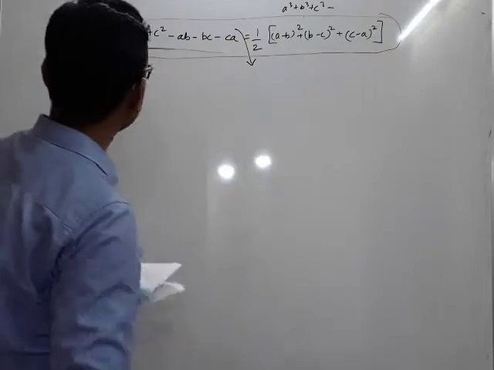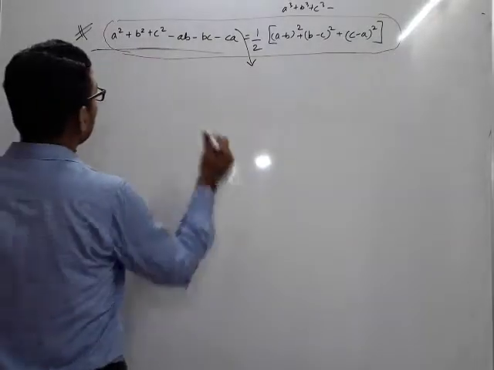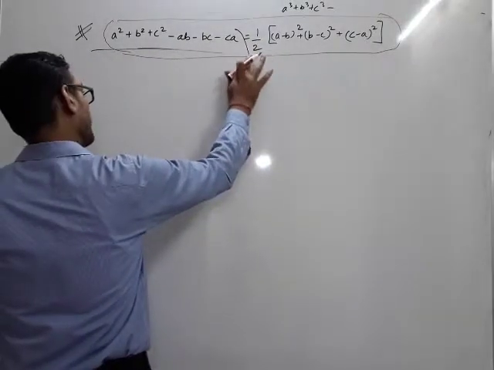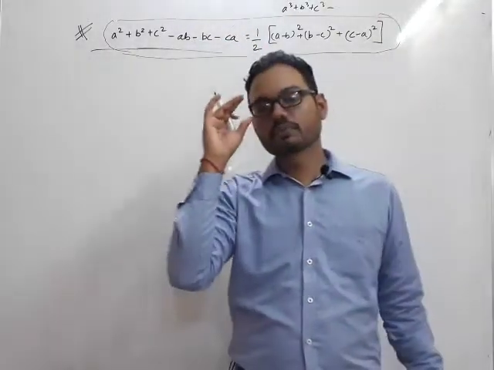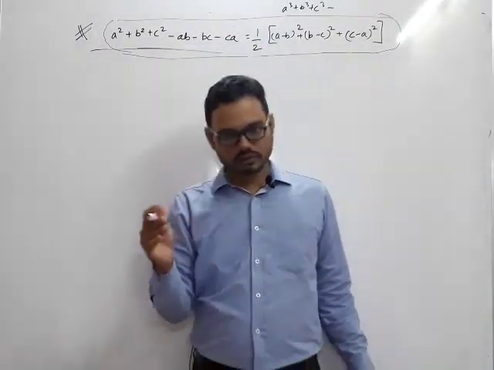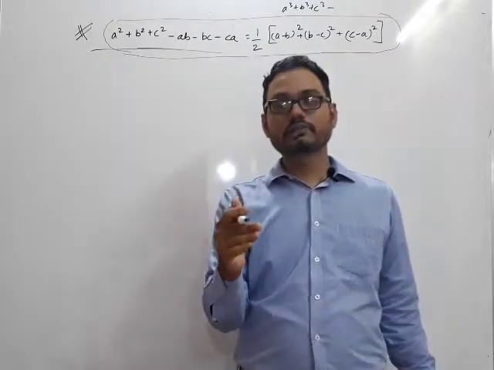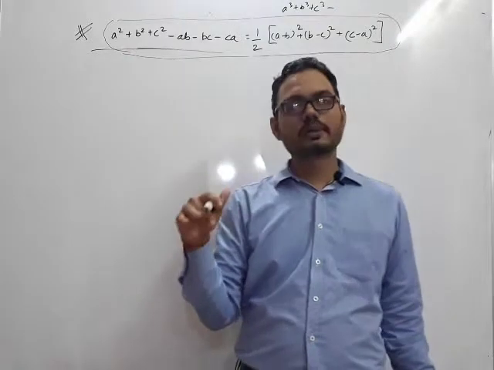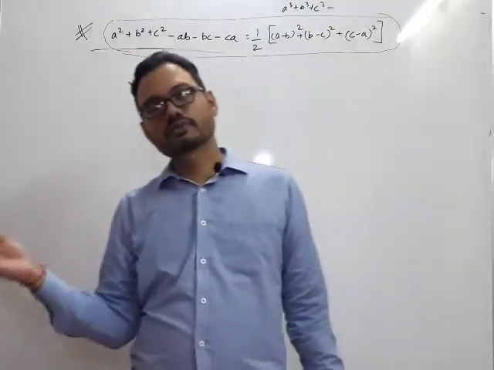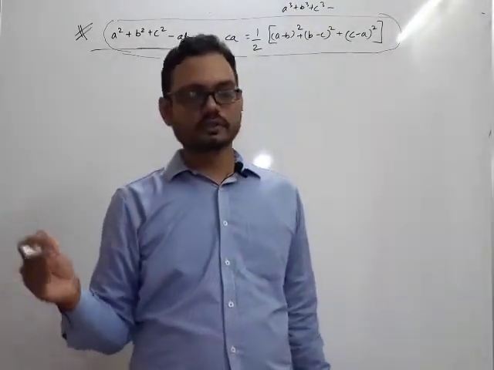Now let's say, how we did in the previous one. In the previous video we had seen a cube plus b cube plus c cube minus 3abc equals half of (a plus b plus c) into (a square plus b square plus c square minus ab minus bc minus ca).